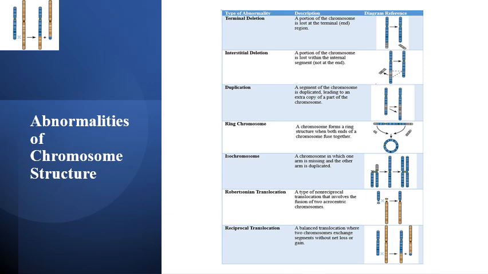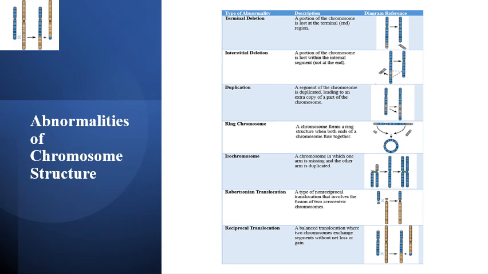Isochromosomes is when one arm is missing with the other duplicated. So this is your cell's way of trying to balance an imbalance. It duplicates itself when there is a deletion. A Robertsonian translocation is a fusion of two acrocentric chromosomes, and I don't know if you remember, but acrocentrics are the ones with the satellites and the centromere right at the top.